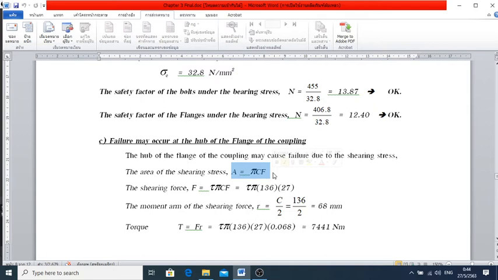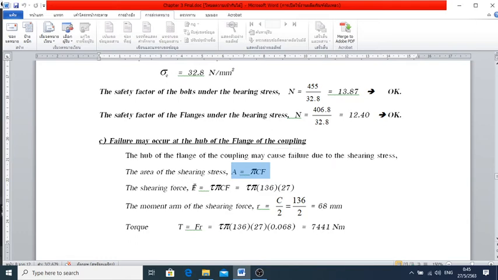So this one is going to be pi C, the perimeter of the circle, and you times by F to get the surface area. So this is going to be the surface area of the hub in the portion of the flange.